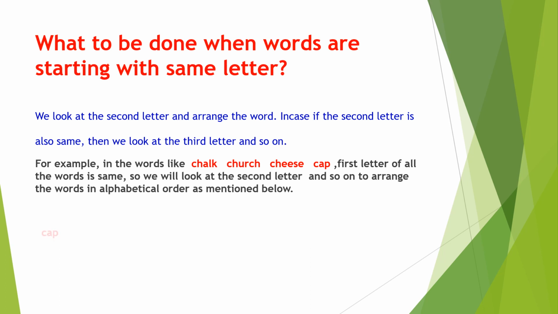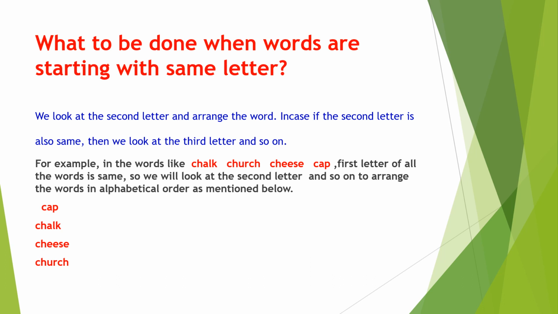So we'll write the word cap at first place. For the remaining three words, which are chalk, church, and cheese, since we have two letters, C and H, as common, we'll compare the third letter of each word and we'll write chalk, then cheese, and then church because A comes before E and E comes before U in the English alphabet.